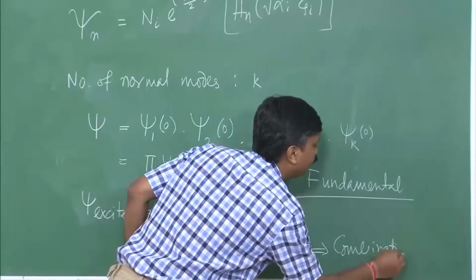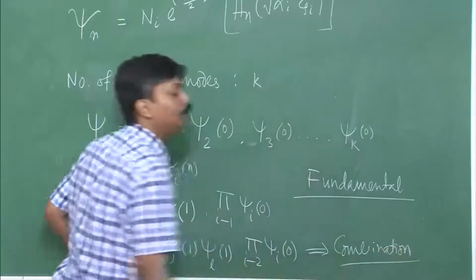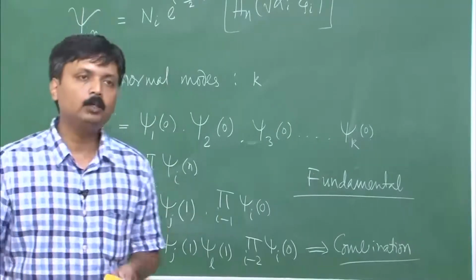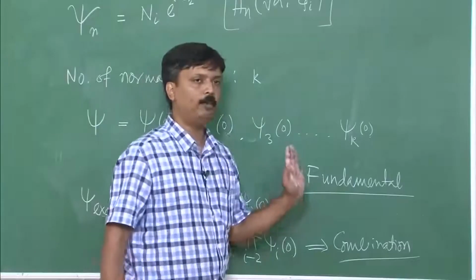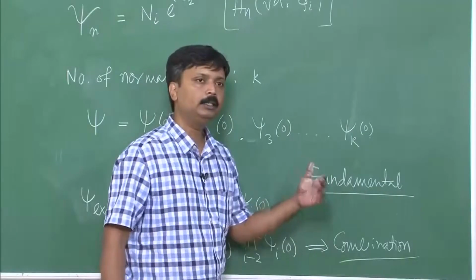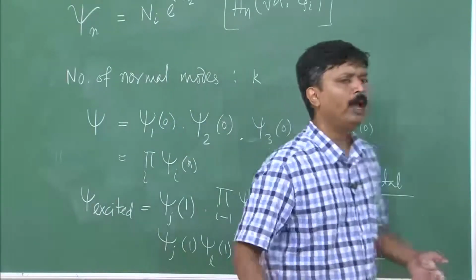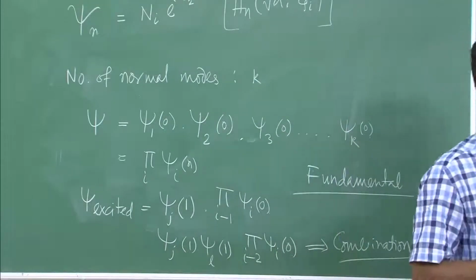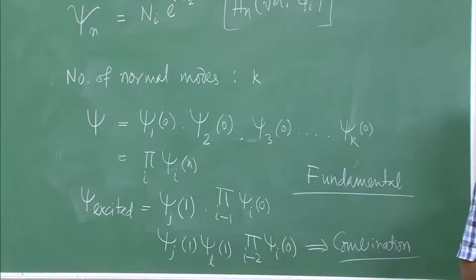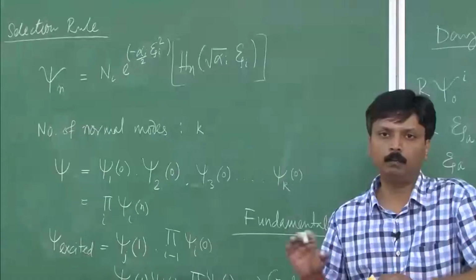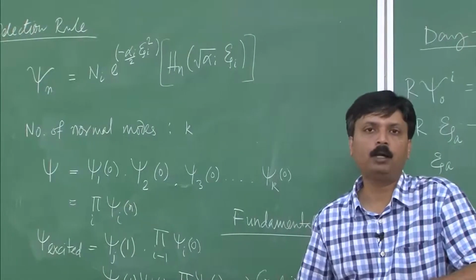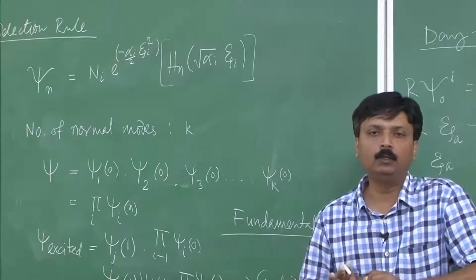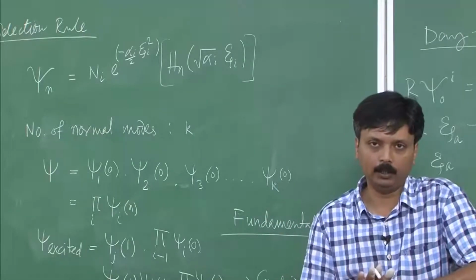So we can have combination transitions and overtone transitions, apart from the fundamental. The fundamental transition probabilities are much higher than the overtone; in other words, overtone and combination transitions are much less probable compared to the fundamental. So, we will stick to the fundamental transition only.